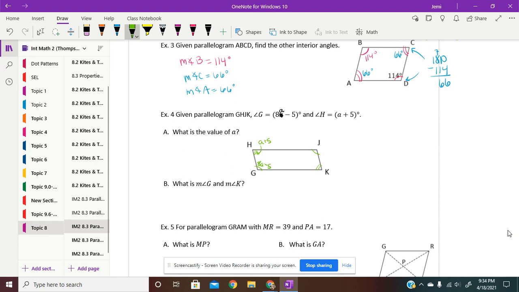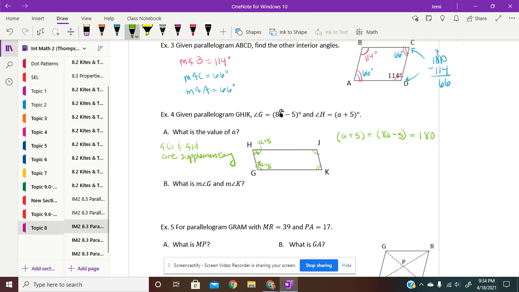Okay, so angle G and angle H are supplementary. So I'm going to take those 2 expressions, add them up, set equal to 180 degrees.